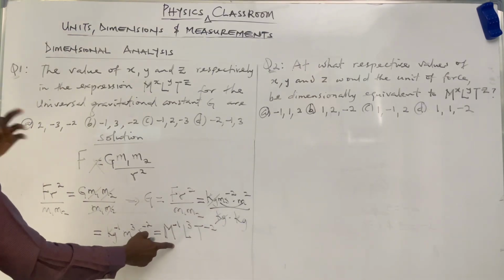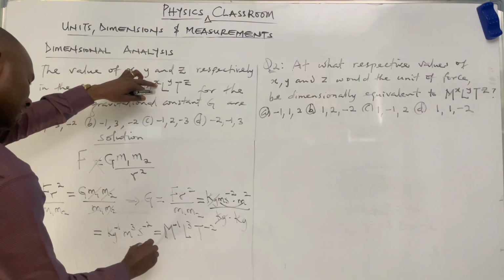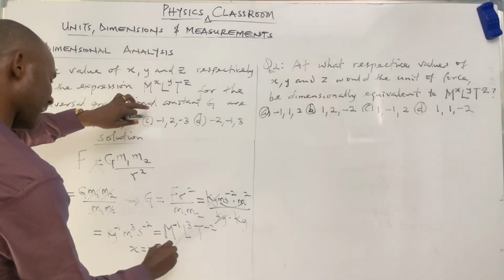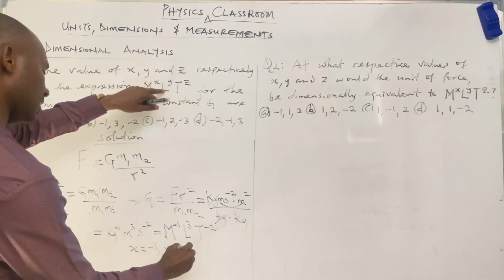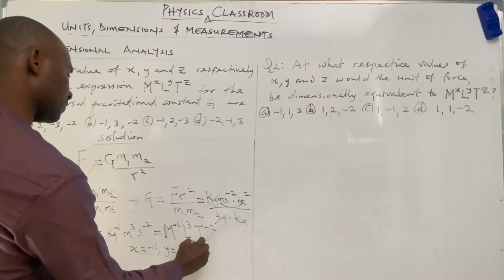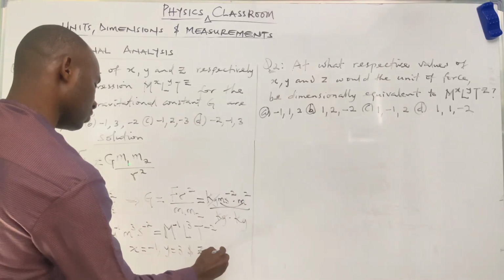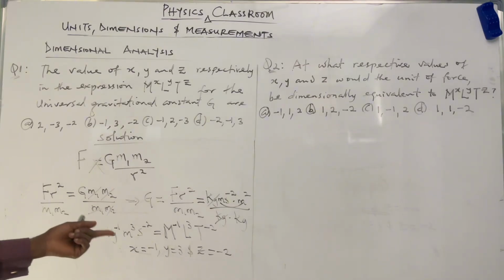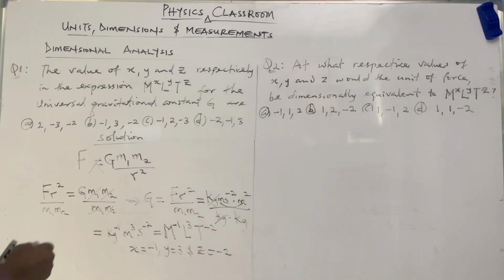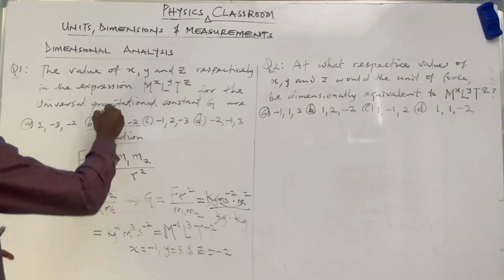So if we compare it with M^x L^y T^z, our x will be equal to -1, y will be equal to 3, and z will be equal to -2. So our final answer would be -1, 3, and -2 respectively for x, y, and z. That is option B, which is correct.